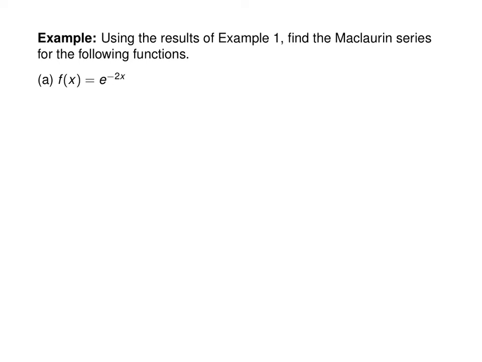So using the results of example 1, let's find Maclaurin series for some related functions. So recall that e to the x is given by the sum from n equals 0 to infinity x to the n over n factorial. Now, in this example, the function that I have is e to the negative 2x. So instead of inputting x, I can input negative 2x for x.